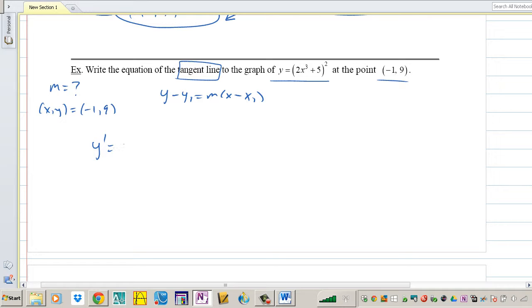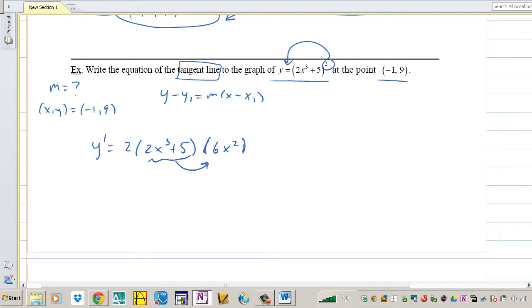That's how we need to get the slope, by taking the derivative. So y prime is 5, no, not 5. It's 2. Bring the 2 down. 2x cubed plus 5 to the first, which we don't need to leave. And then the derivative of the inside, this is a simple chain rule, right? So it's going to be 6x squared by itself.